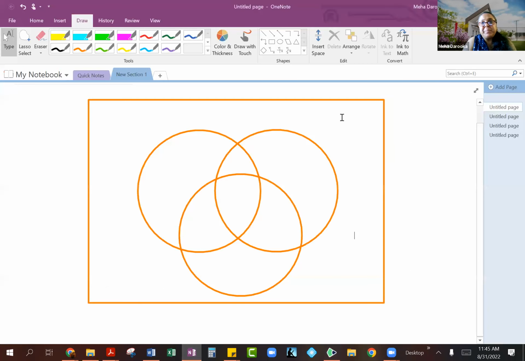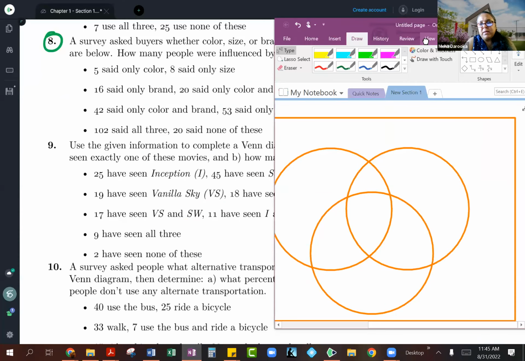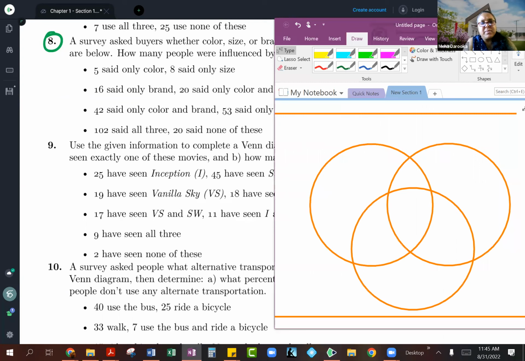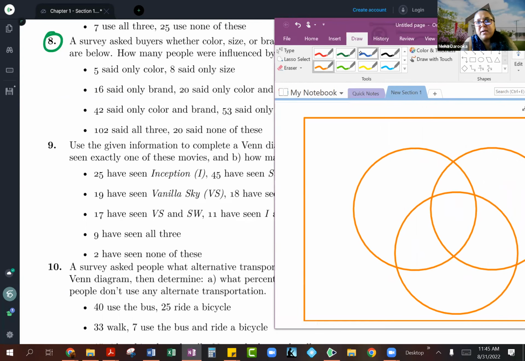So the way you would place this, let me see if we can do it this way. So, this is, of course, going to be our universal set. This one can be for color. This can be for size. And then this one can be for the brand.